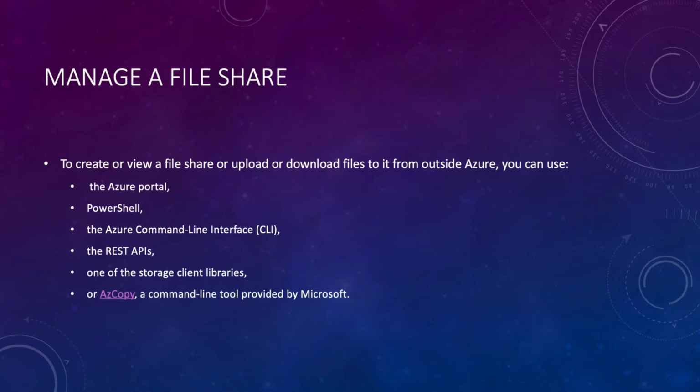You can use the Azure portal, PowerShell, the Azure command line interface (CLI), the REST APIs or REST interfaces, and you can even use one of the storage client libraries or AzCopy. There are also several storage explorers that we discussed at the beginning of this video. Let's take a look at AzCopy pretty quick so you can see the tool.